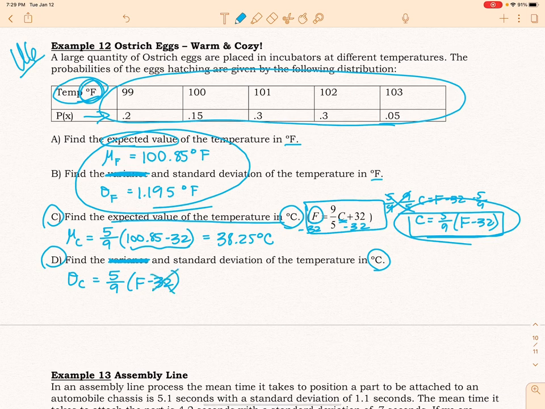So I don't care about the -32. I don't need it. All I'm going to do is take the 5/9, substitute in my standard deviation in Fahrenheit that I got up here, and then I am going to simply multiply those together, and I get 0.6639 degrees Celsius. Easy peasy, lemon squeezy.